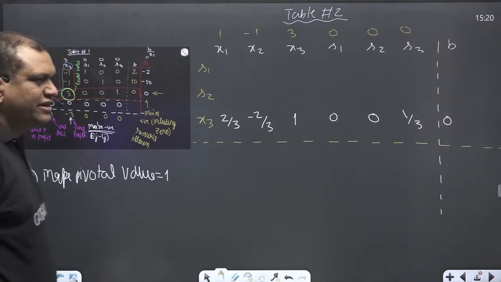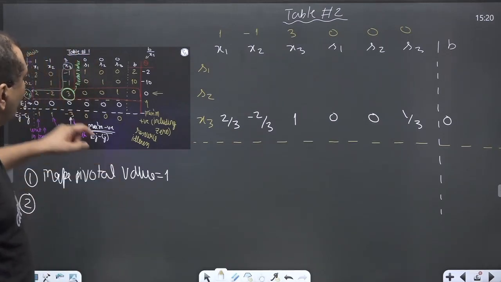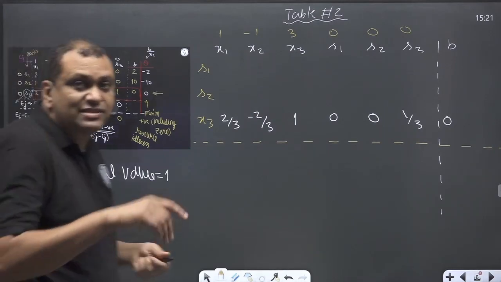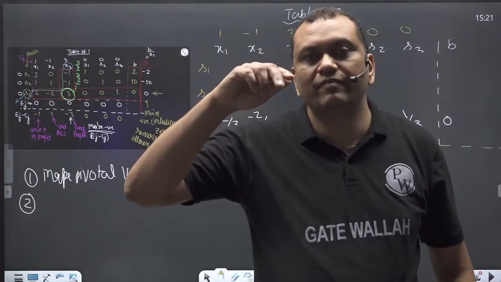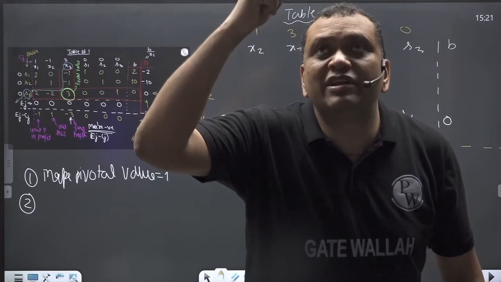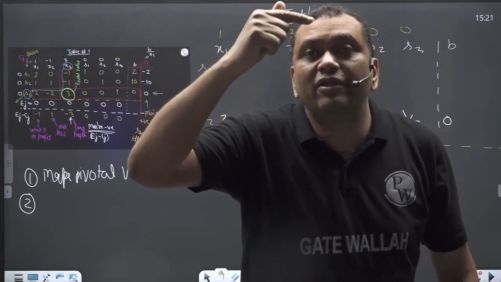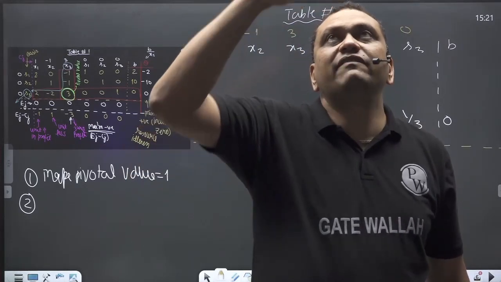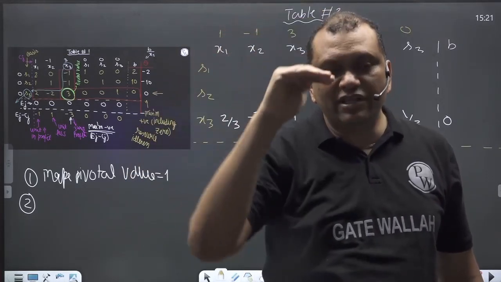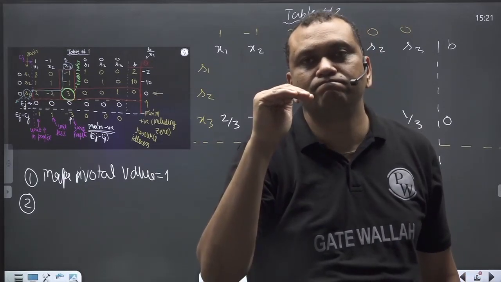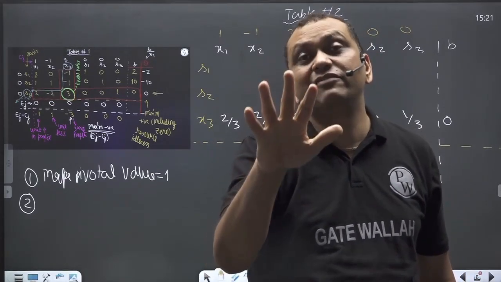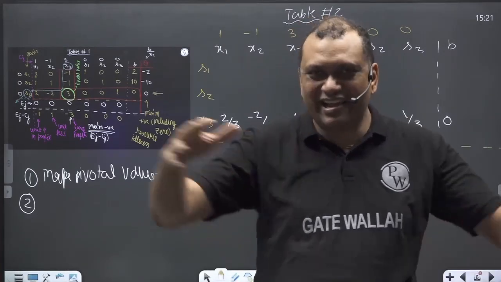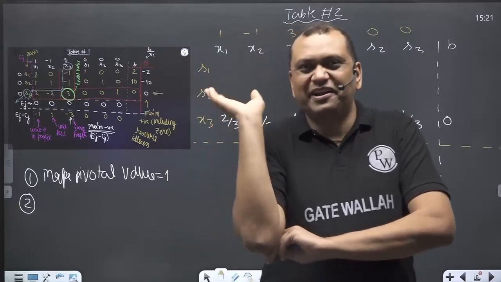The second thing you have to do is, above the pivotal value and below the pivotal value, very carefully, make the value 0 only by row operations, like in a matrix.